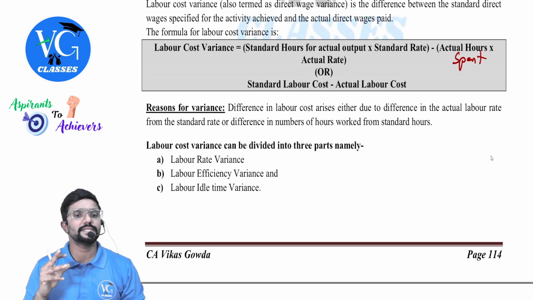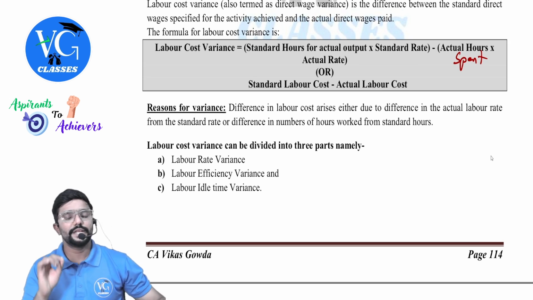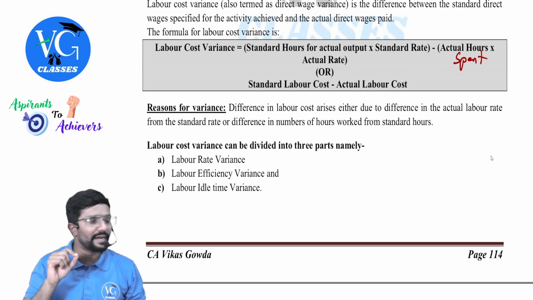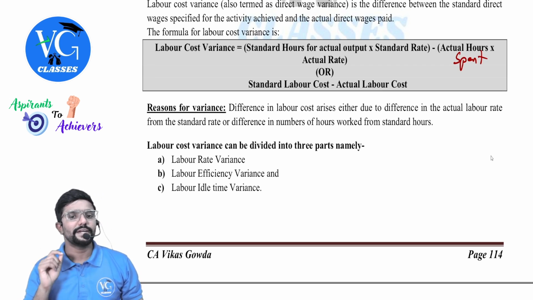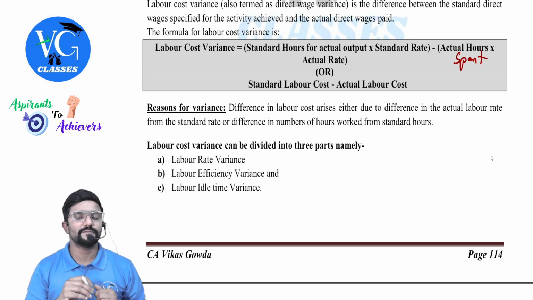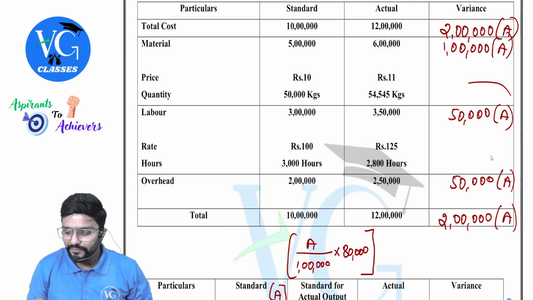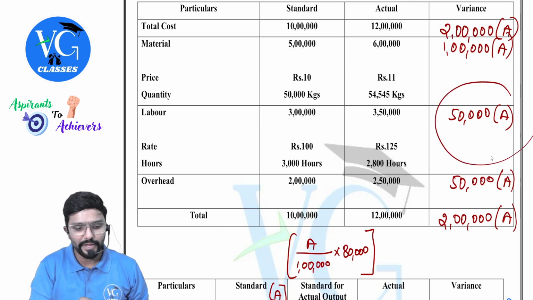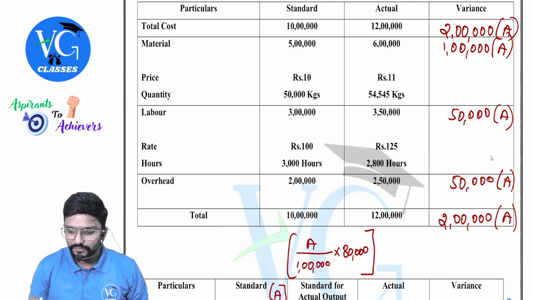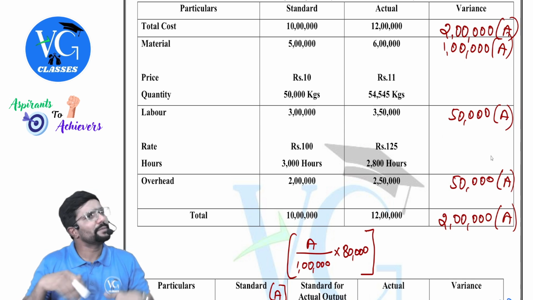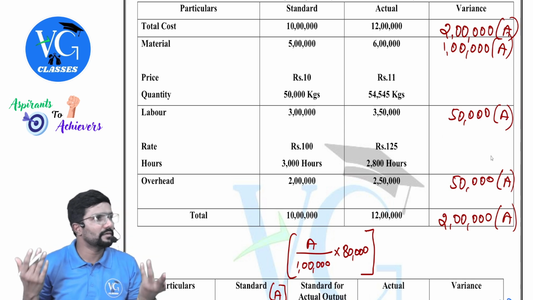Reasons for variance: difference in labor cost arises either due to difference in actual labor rate from the standard rate or difference in the number of hours worked from standard hours. So even in my example, I told you, sir, why have we got this 50,000? Maybe we have spent more time or we have paid more, or maybe both also.